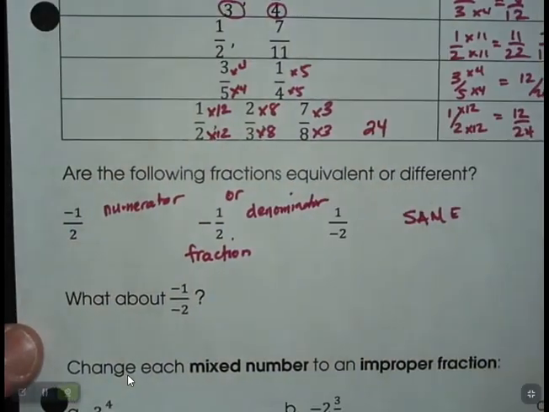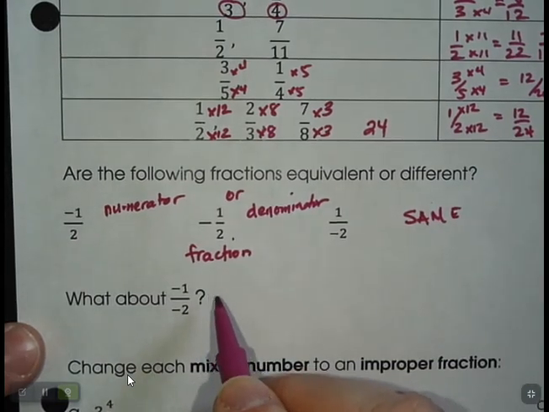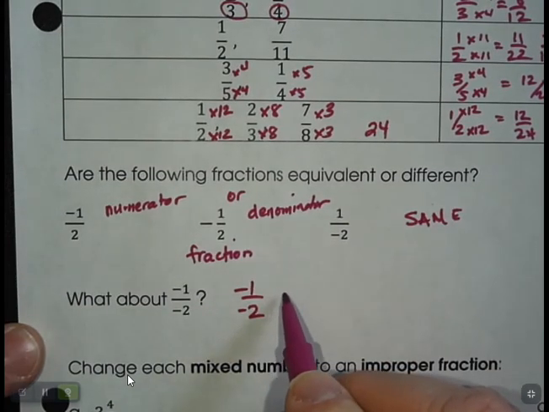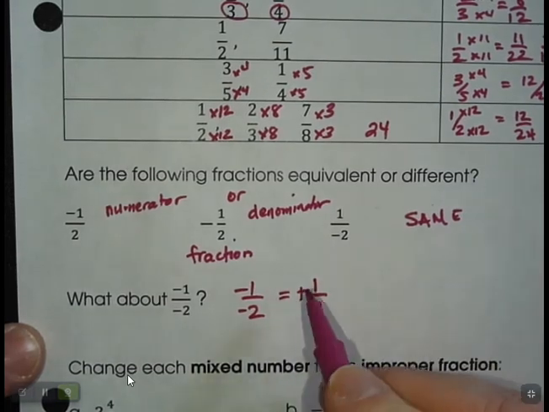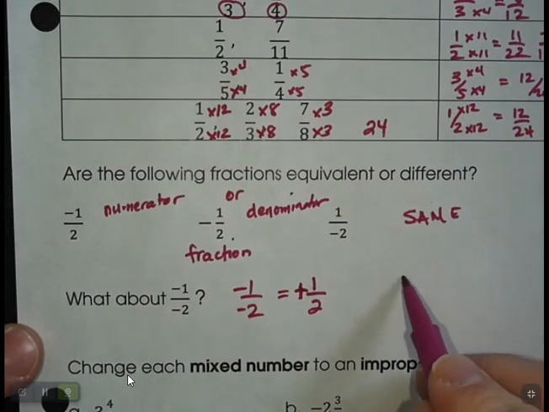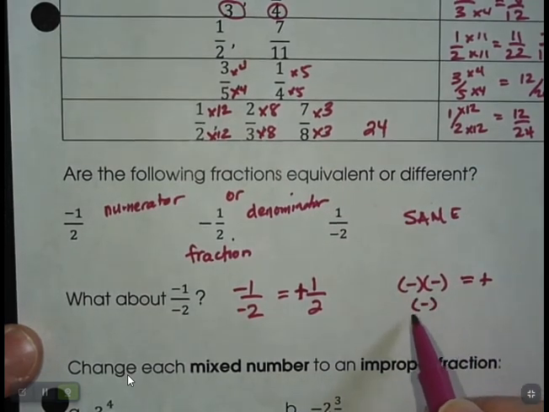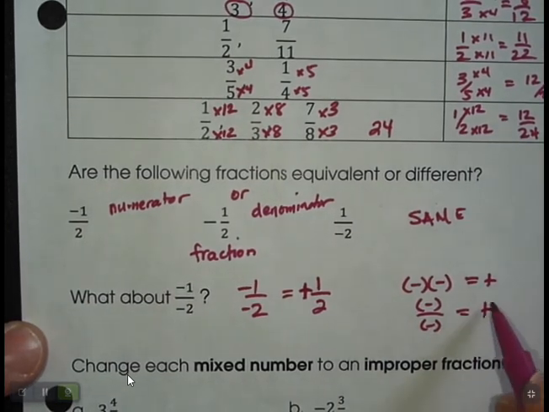But what about this one? Well, if I have -1 divided by -2, if I divide that out, that actually becomes a positive, right? Because if I take 2 negatives and I multiply, that's a positive. And if I take a negative divided by a negative, that is also a positive.